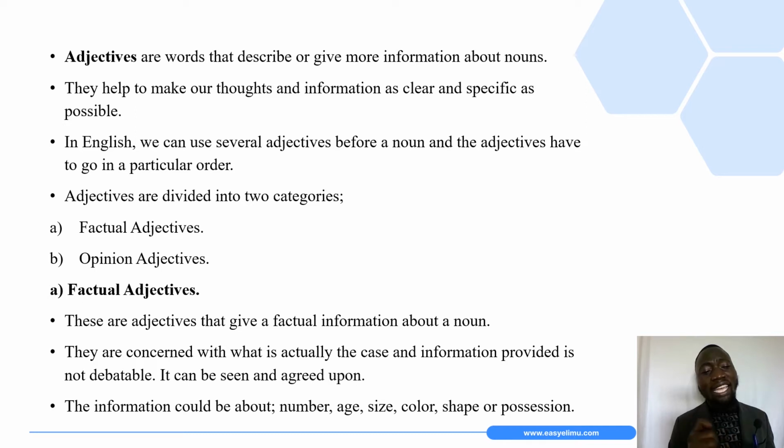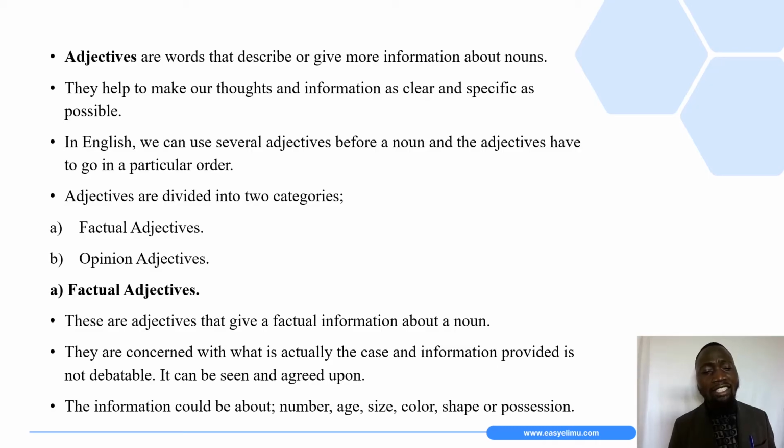They are concerned with what is actually the case, and the information provided is not debatable. It can be seen and agreed upon. It is not something that calls for an argument.